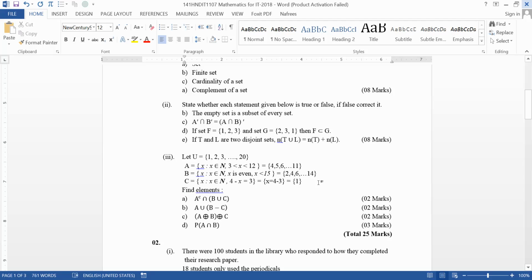So 1 is a natural number based on this condition, and also 1 is inside the universal set. Therefore, C is 1, only one element, and the element is 1. So did you understand how to find these sets now? Did you understand? Quickly tell me.